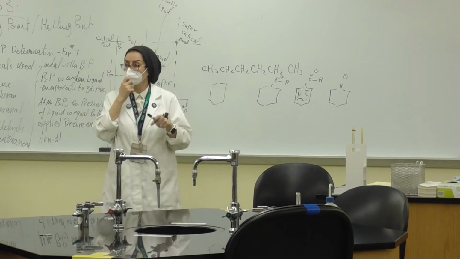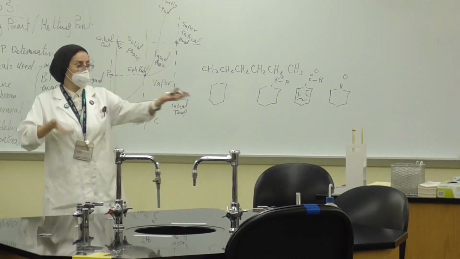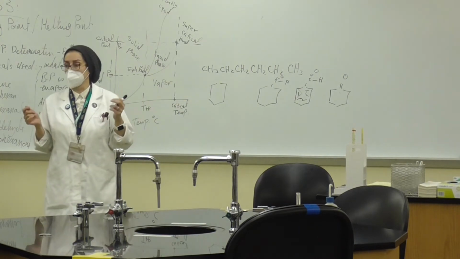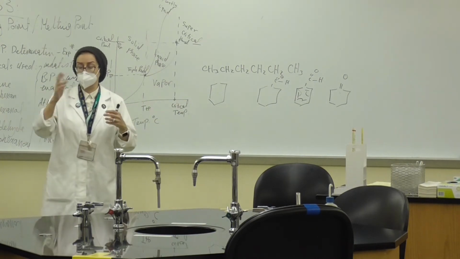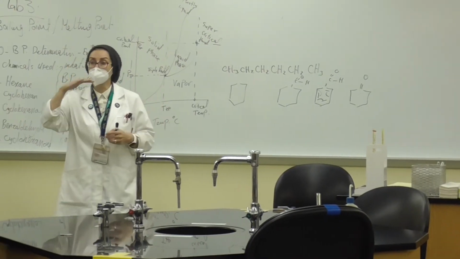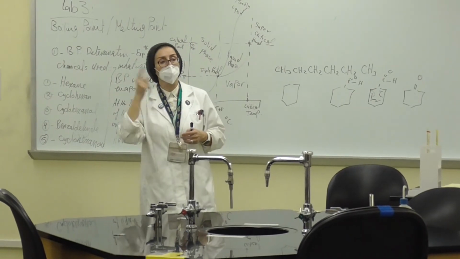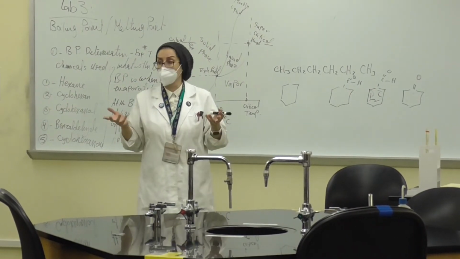On top of identifying, if we're going to give you an unknown, we will ask you to measure the boiling point or the melting point. So according to the measured boiling point or melting point, we will be able to identify our unknown.